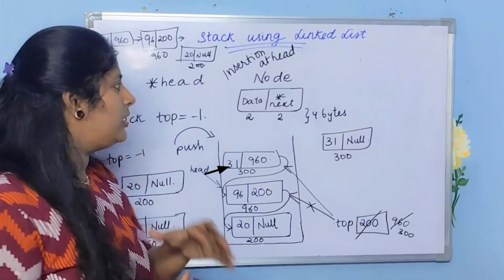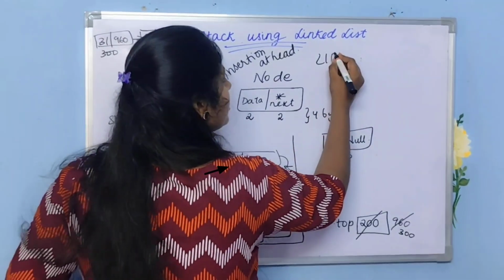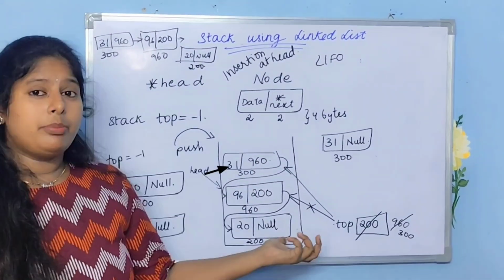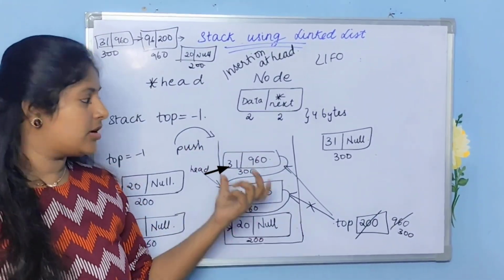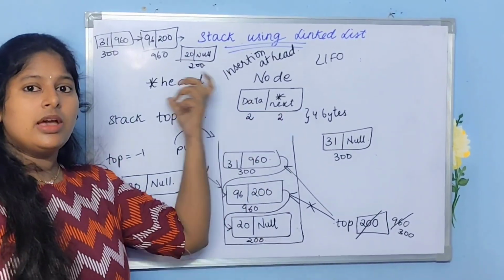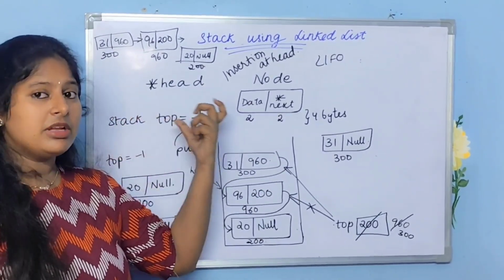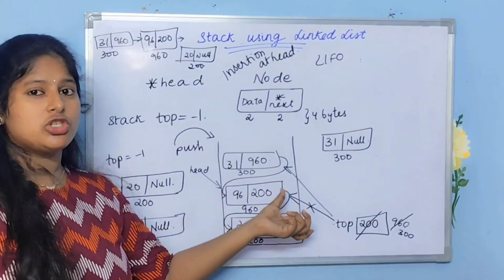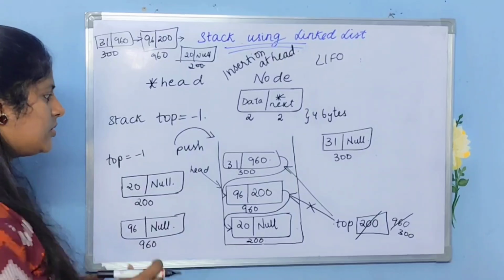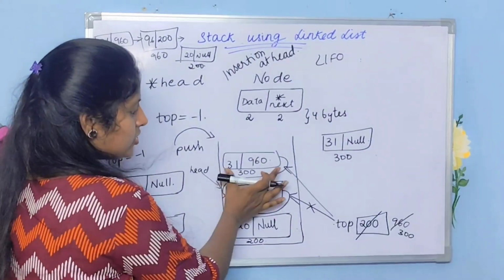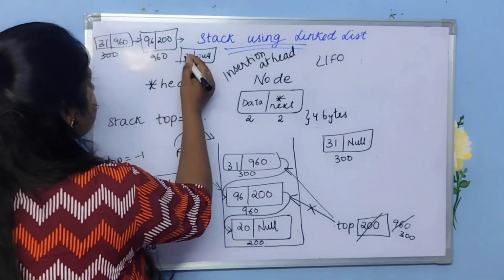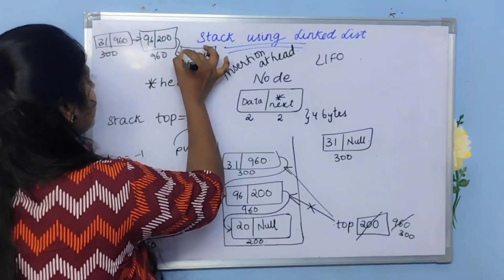What is stack rule? Last in, first out. The element which is inserted last will be out first. The nodes which are pushed first will come out last. The nodes which are pushed last will be popped first. So this was the last inserted element, so this is the first element to get popped. This is how representation is done.